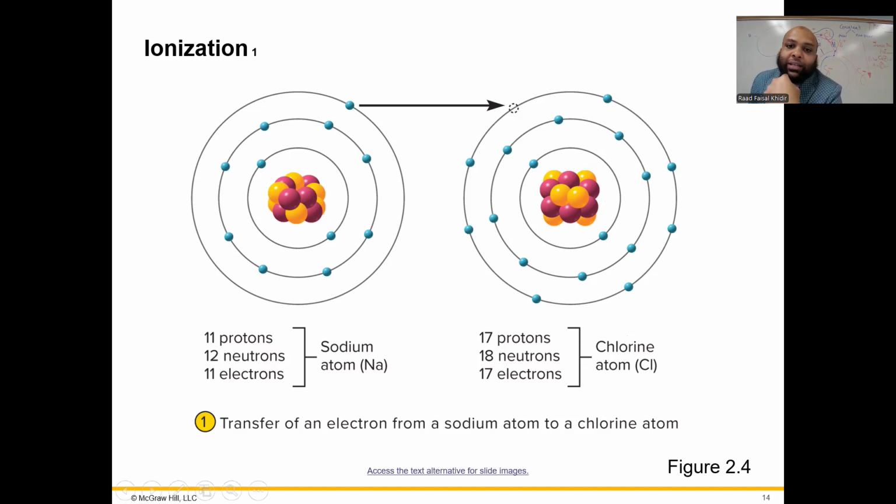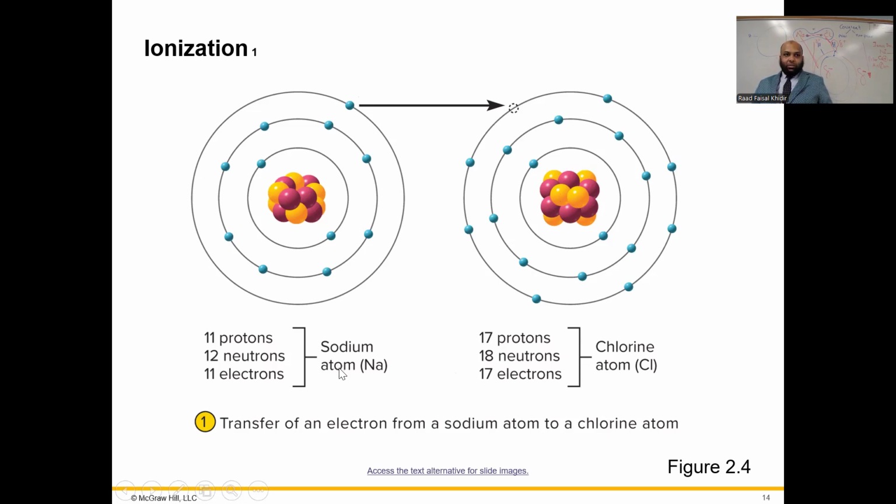So that shows you, look at ionization. This electron, you look at where my mouse is. This electron right here left from here to here. So that's chloride. If you look at chloride, it has 17 protons, red, 18 neutrons, blue, 17 electrons.